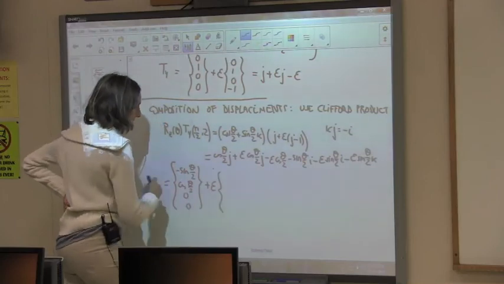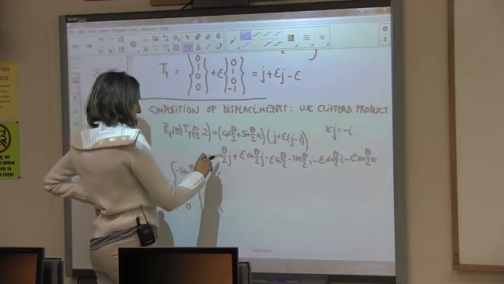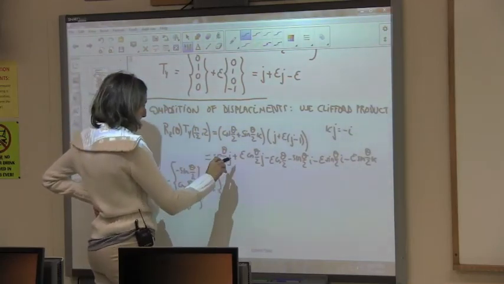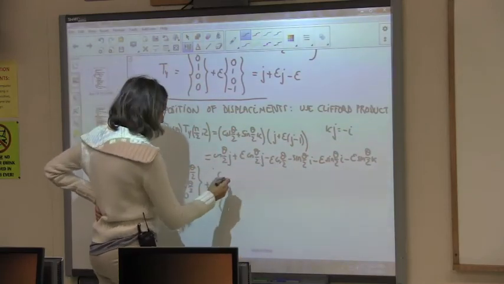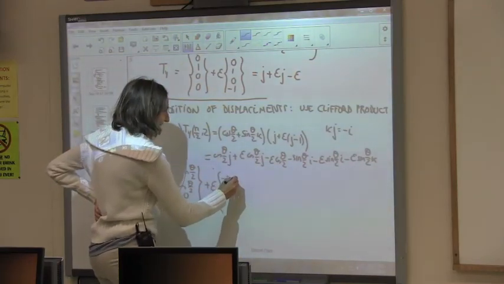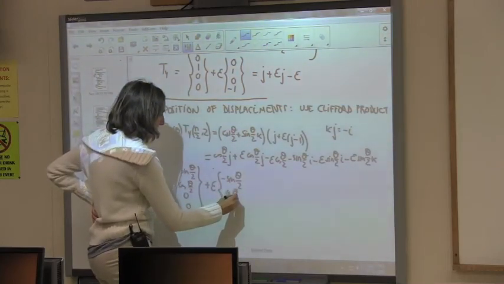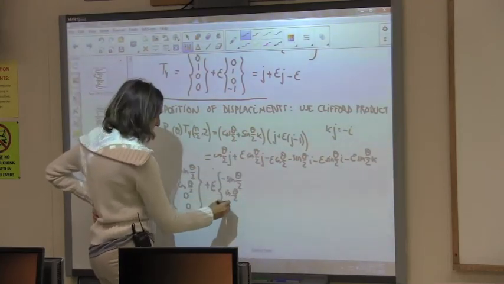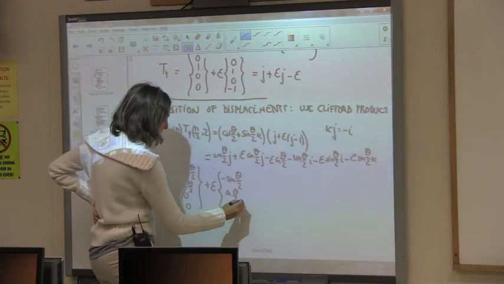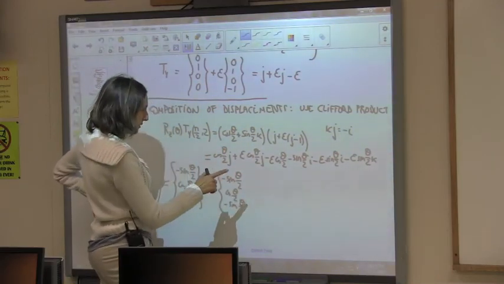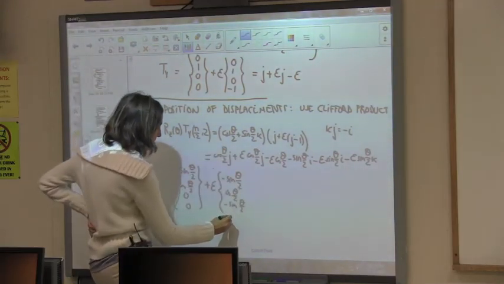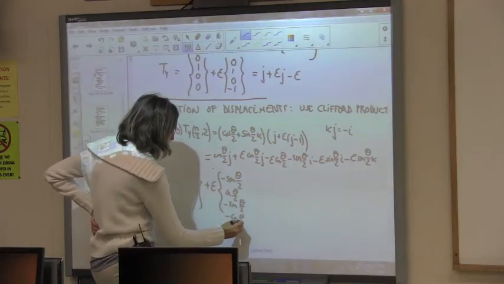We are writing it as a vector like that. We have minus sine theta over 2, cosine theta over 2, minus sine theta over 2, and do we have an epsilon? Minus cosine theta.